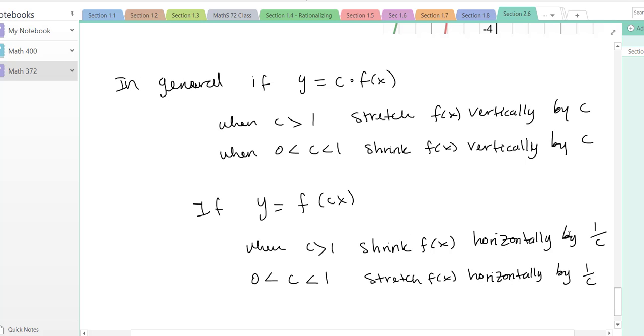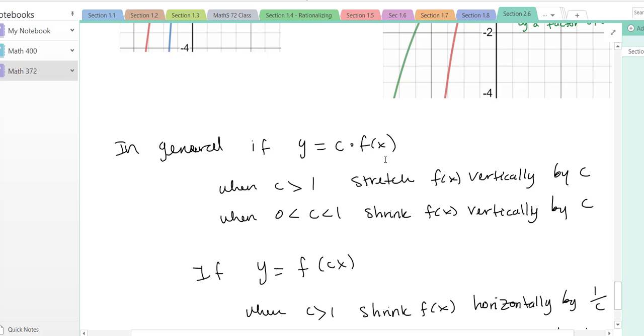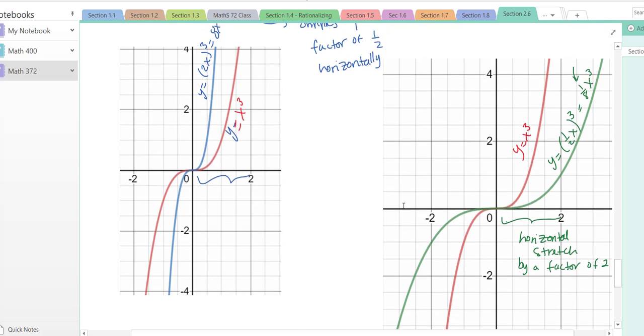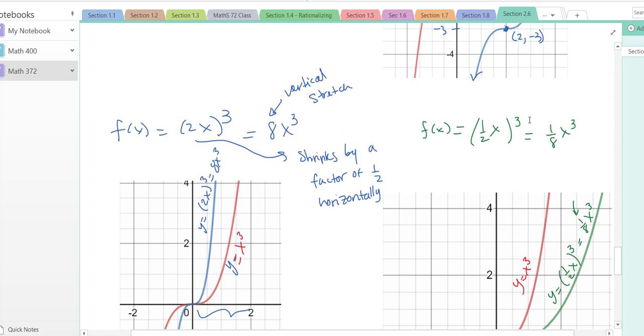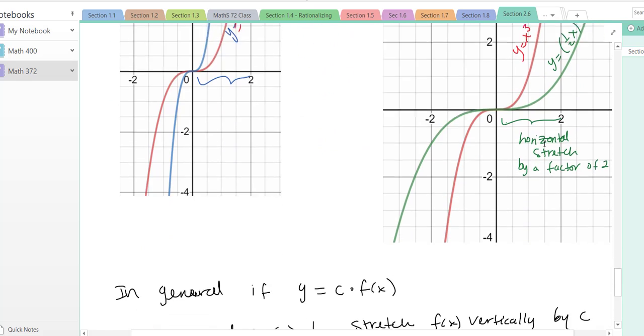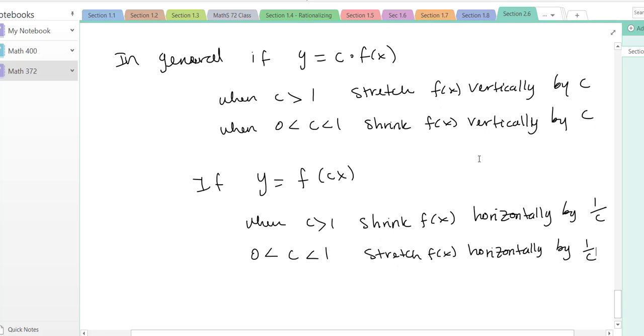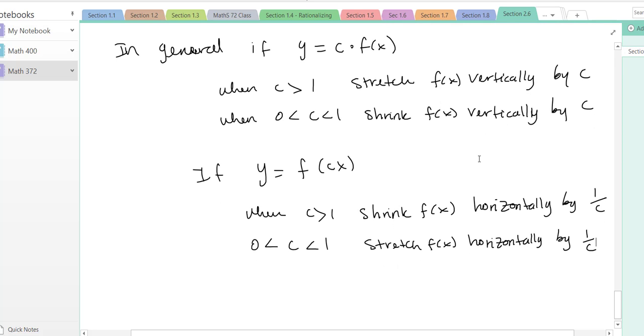Oftentimes you don't see this horizontal stretch or shrinking too much, especially when it's a polynomial, because when you apply the power to something like the 1/2 x and then cube it, you end up with a vertical stretch or vertical shrinking. So you can convert it to a vertical one.